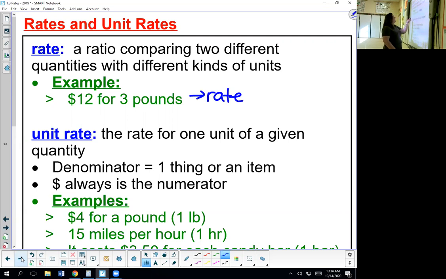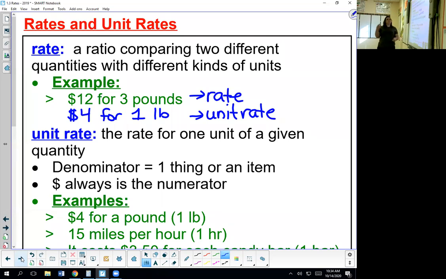If I wanted to find the unit rate, I want to know how much it is for 1 pound. Well, what's 12 divided by 3? 12 divided by 3 is 4. So it's $4 for 1 pound. That's the difference between rate and unit rate.